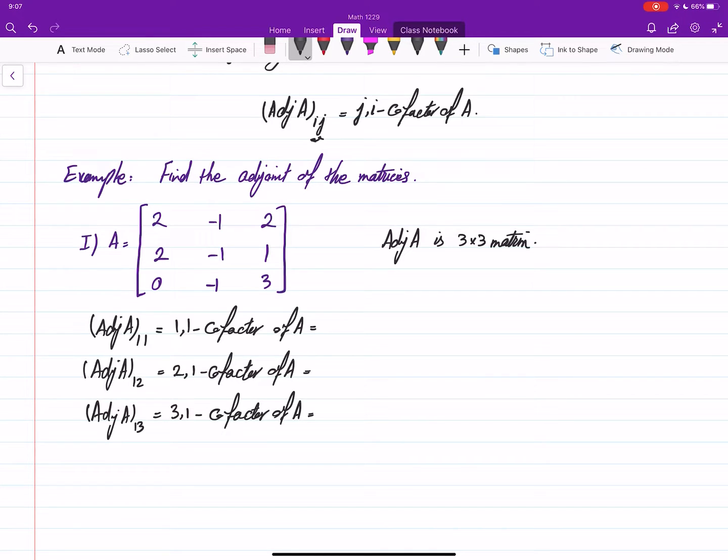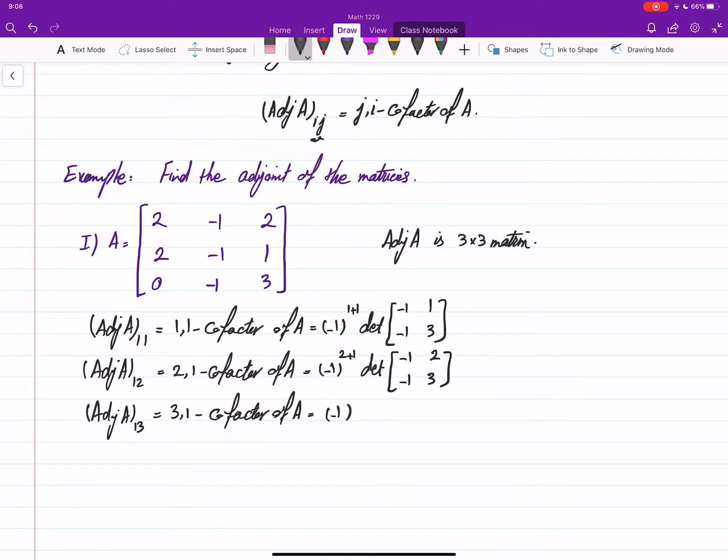And we know what the formula for the cofactor is. It's -1 to the power 1 plus 1, determinant of submatrix 1, 1, which is -1, 1, and -1, 3. This is -1 to the power 2 plus 1, determinant of the 2, 1 submatrix, which will give us -1, 2, -1, 3.